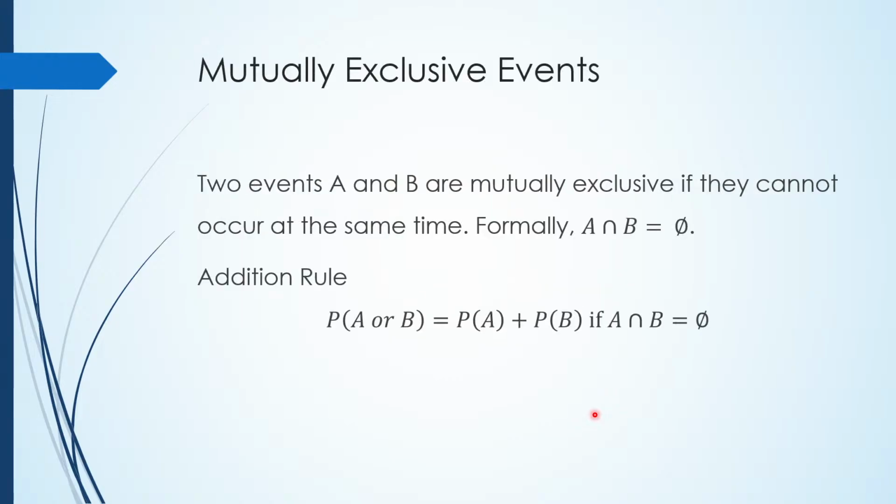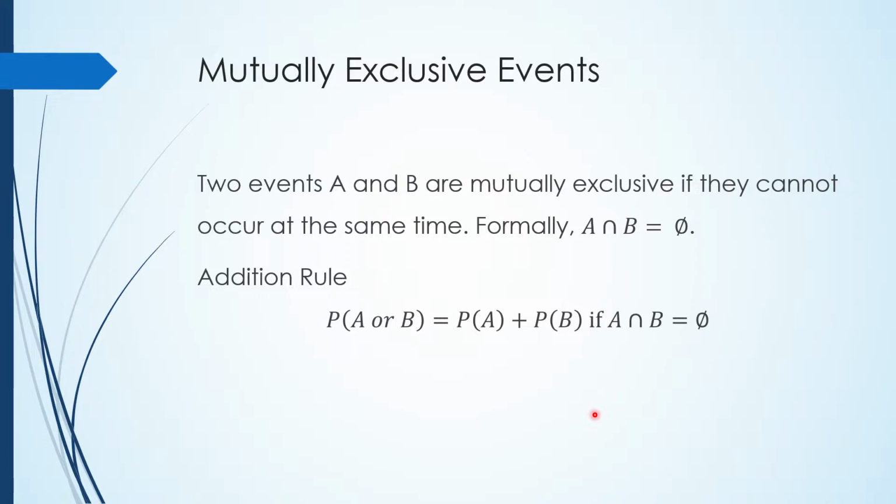Now, you can have different types of events when you're doing experiments. You can have mutually exclusive events. A mutually exclusive event is one where if event A happens, event B cannot happen. A simple example would be flipping a coin. If you flip the coin and you get heads, then that means you're not going to get tails at the same time you flip that one coin.